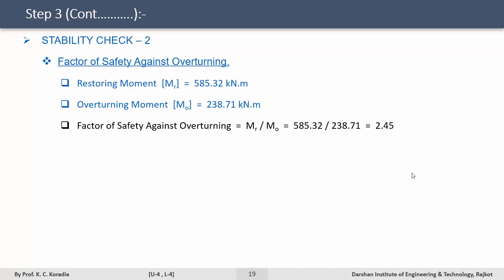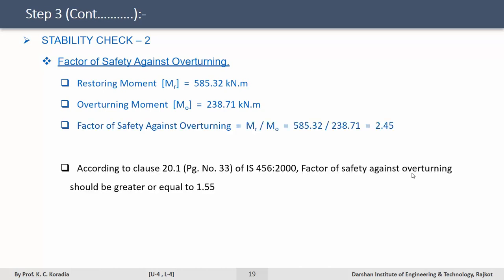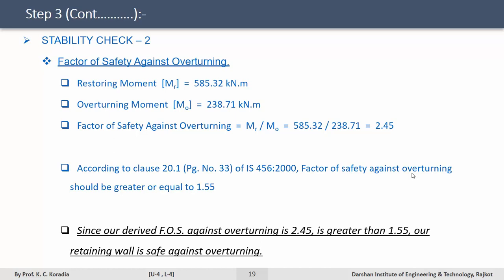Value comes out to be 2.45. According to clause number 20.1 given on page number 33 of IS 456-2000, factor of safety against overturning should be greater than or equal to 1.55. Our derived value is 2.45, which is greater than 1.55. Hence, our retaining wall is safe against overturning.